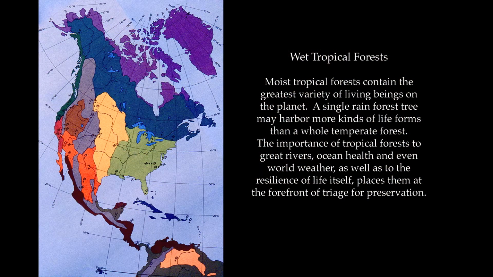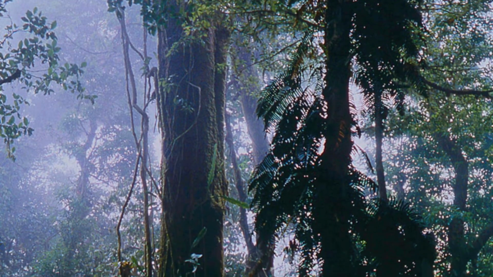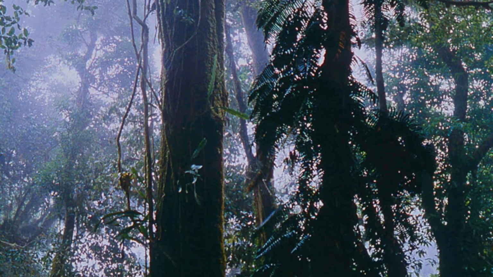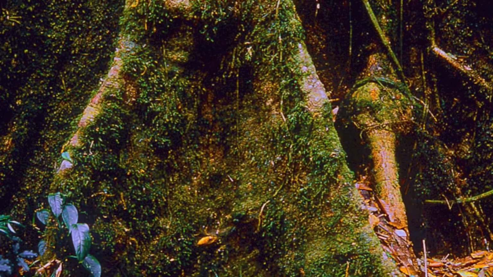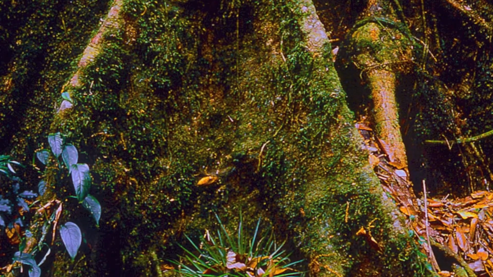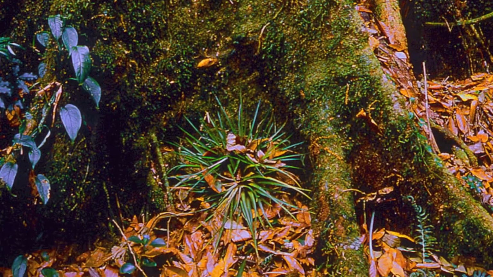Wet tropical forest systems. Moist tropical forests contain the greatest variety of living beings on the planet, including giant figs, tropical hardwoods, oaks, palms, podocarpus, shade shrubs, pines, cacti, bromeliads, ferns, fungi, mosses, lichens, orchids, and many other wildflowers and all those associated with them.